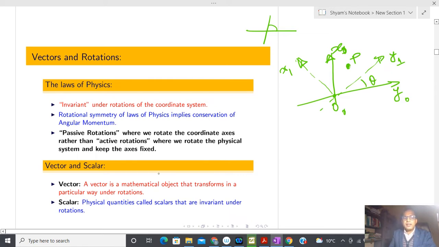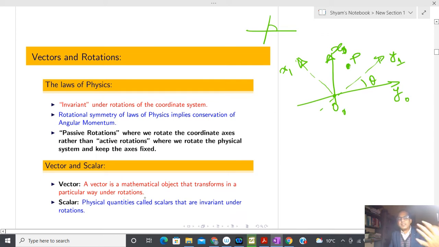Okay, here you can see that I have recalled the definition of vector and scalar, and that definition is not the same as whatever we learned during our 10 plus 1 physics. At that time we said I have magnitude, I have direction, something like that. But here what I am telling is, a vector is a mathematical object that transforms in a particular way under rotation. Okay, that I am telling.